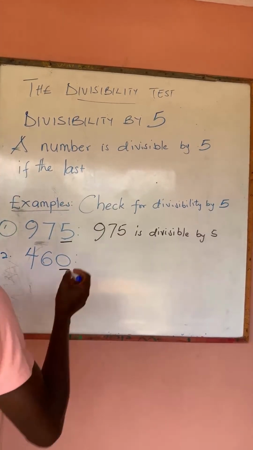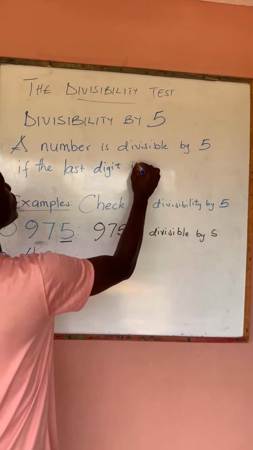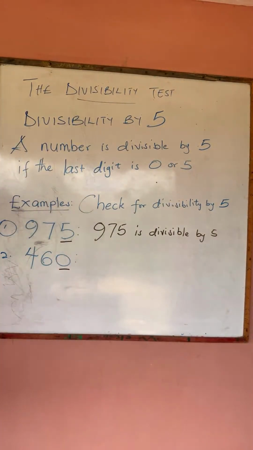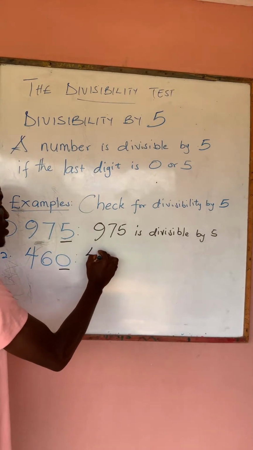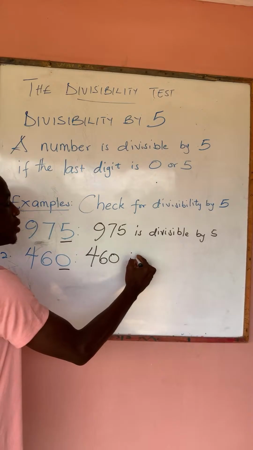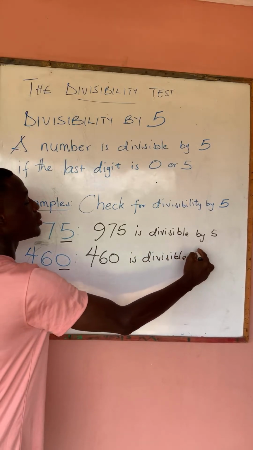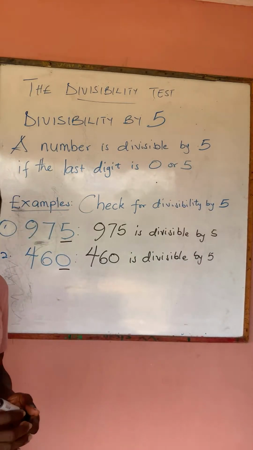So the last digit here is 0. So since the last digit is 0, we can just conclude that 460 is divisible by 5. Does everyone understand?